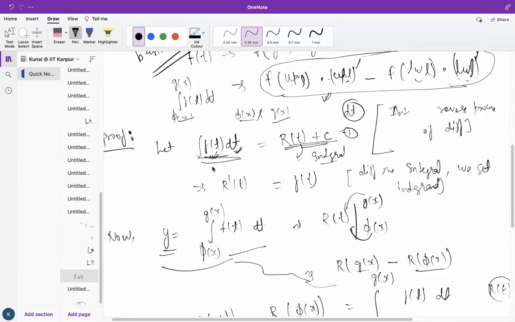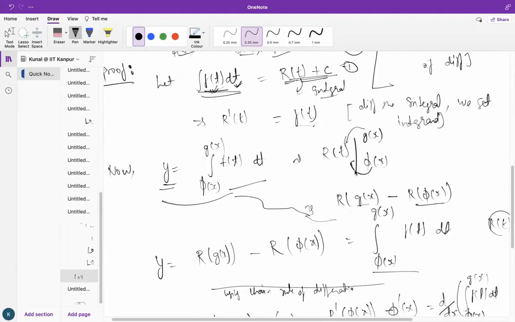I'm assuming that if we integrate our integrand, which is a function of t, with respect to the elementary element dt, we get a function r, which is a function of t. Then if we differentiate this integral, we get our integrand, right?